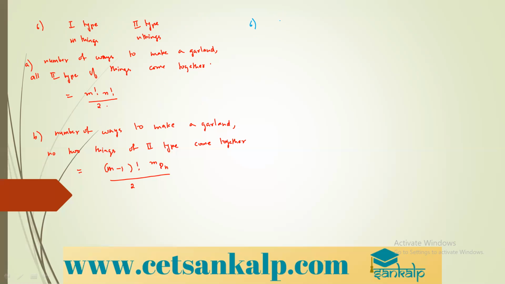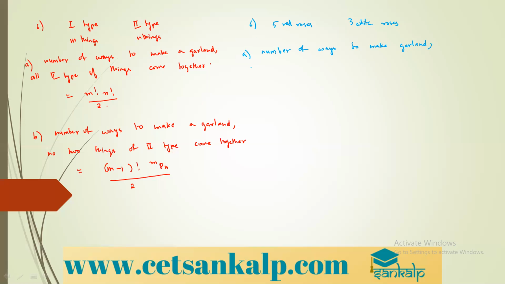Suppose I give you one example. First type, there are 5 red roses, and second type, there are 3 white roses. Now the first case: the number of ways to make a garland from these roses. What is the condition?